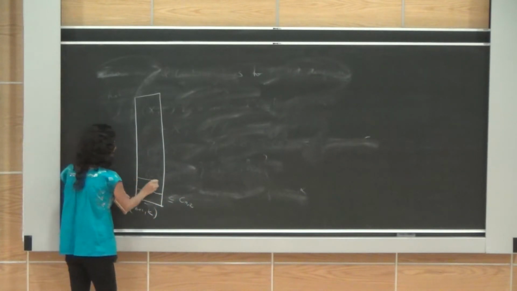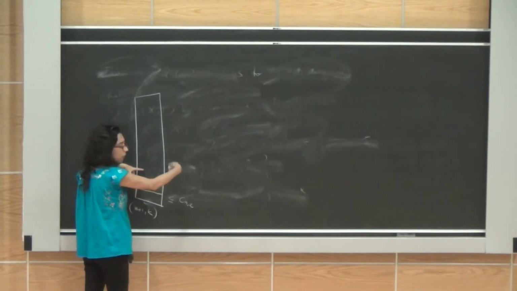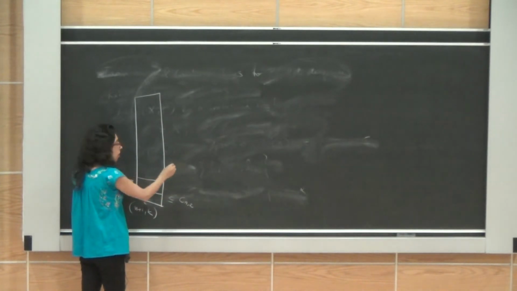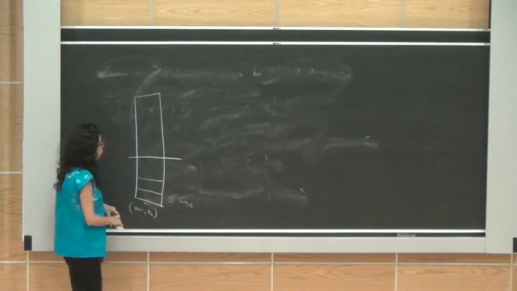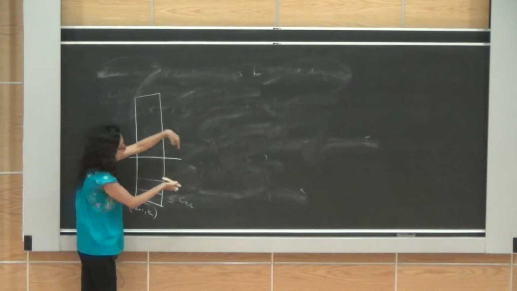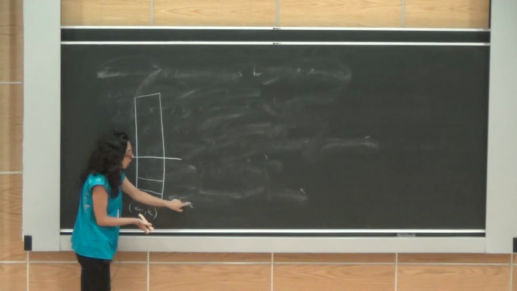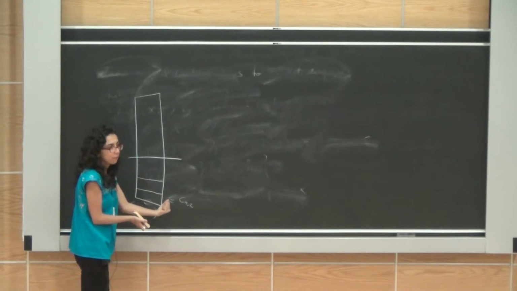And then the following is contained in the image of this, and the following in the image of the image, and so on. So at some point, you will see that this piece is contained completely in tower 2 of the partition n.